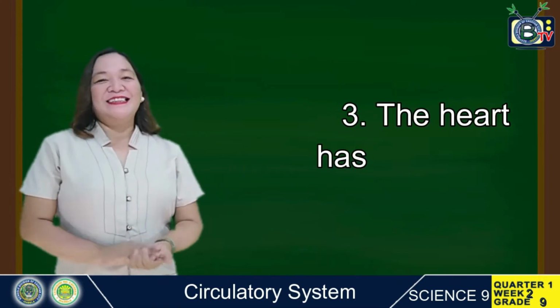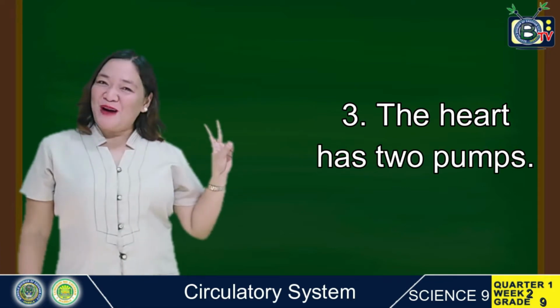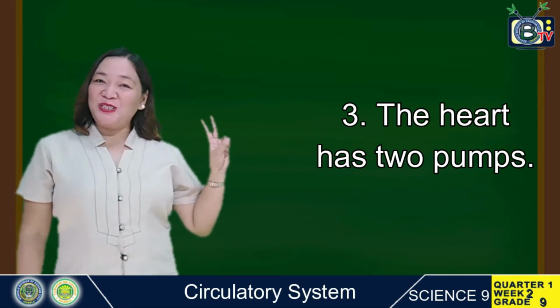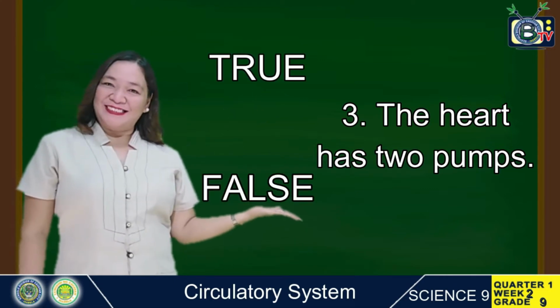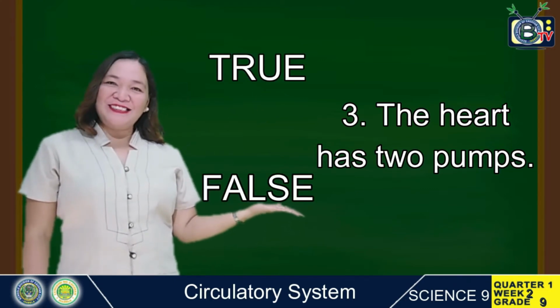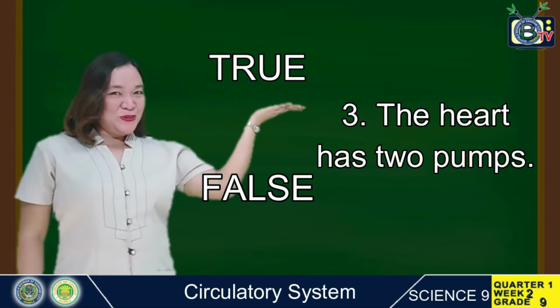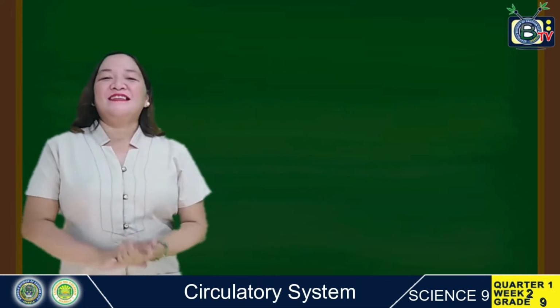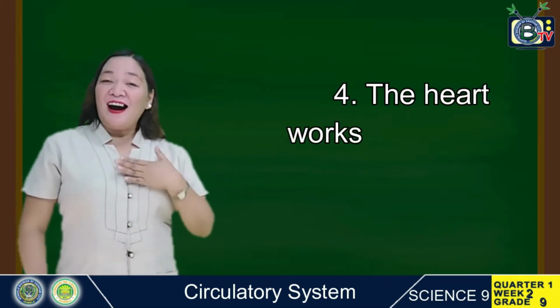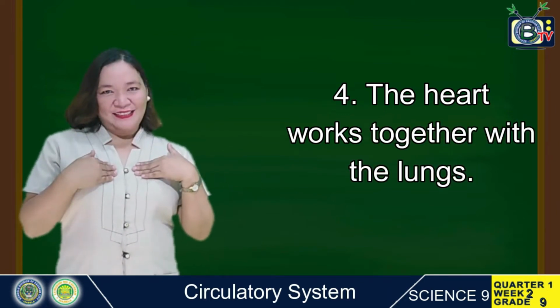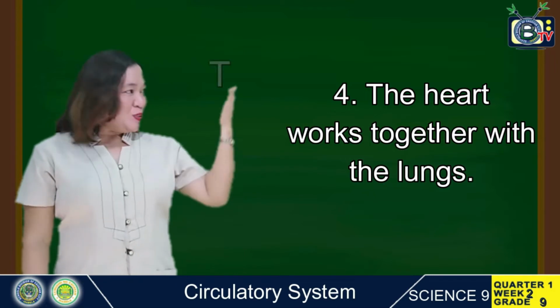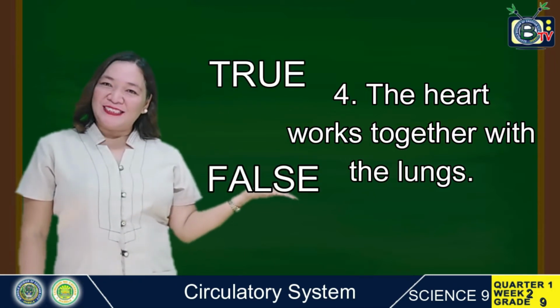Number 3, the heart has 2 pumps. What's your answer? True or false? And the correct answer is true. Number 4, the heart works together with the lungs. What's your answer? True or false?